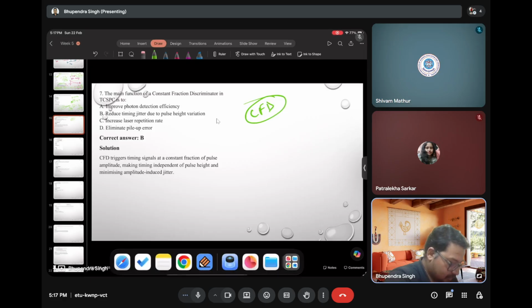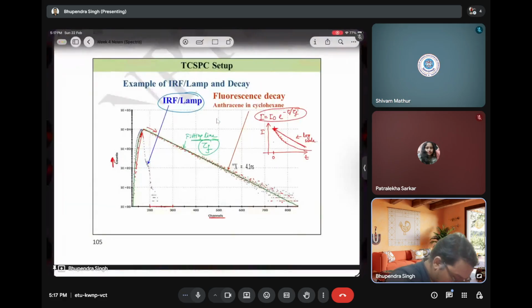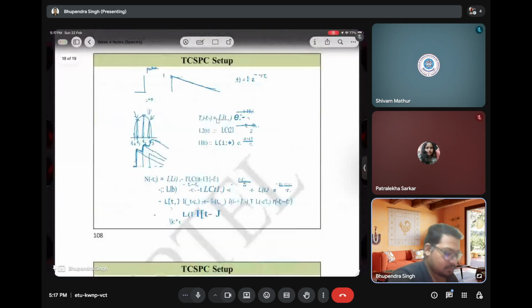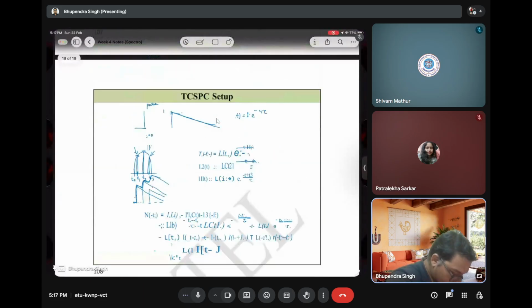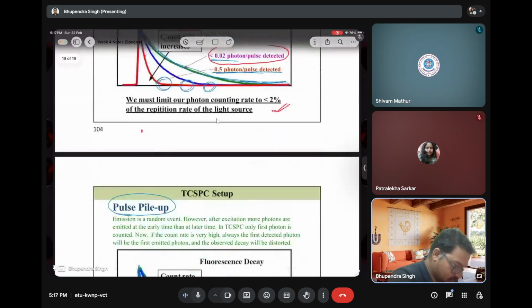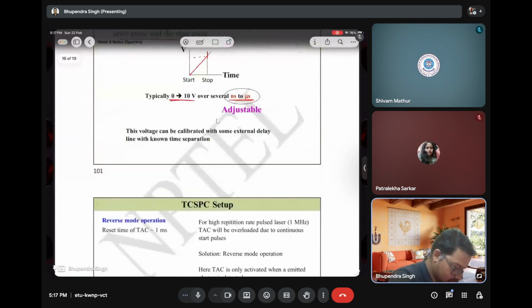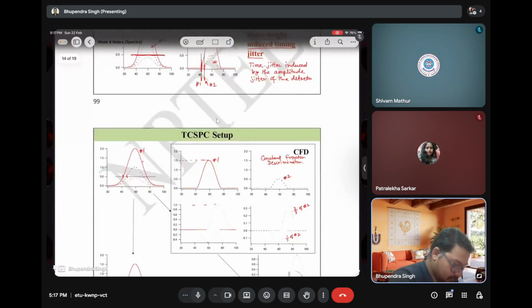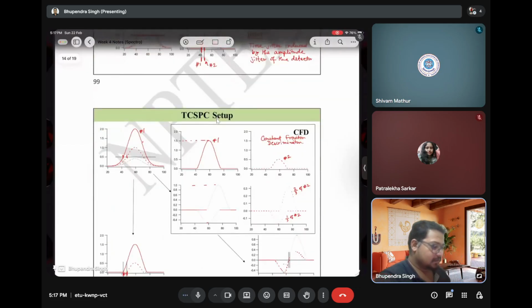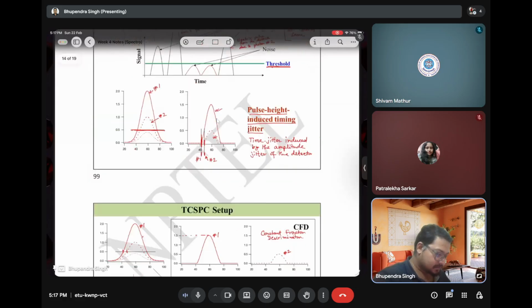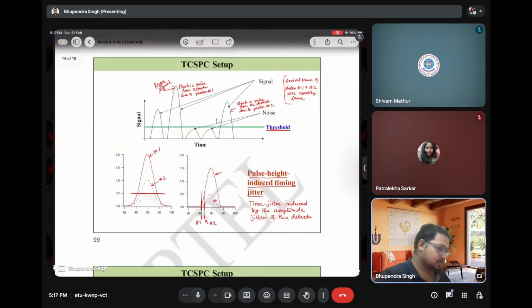So in the lecture, I think sir has covered already, but I will show you a little bit. Because of the thermal noise, we have to keep the threshold below this signal.